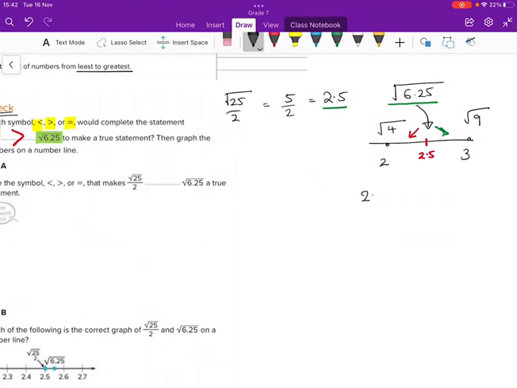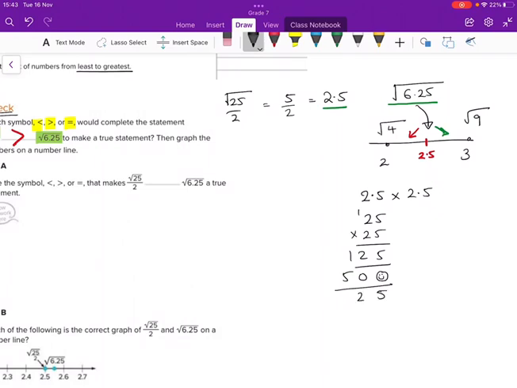I'm going to choose 2.5. I'm going to see what is 2.5 times 2.5. So I'm going to do 25 times 25, and I'm going to work that out. What do I get? 5 times 5 is 25, and 5 times 2 is 10, plus 2 is 12. 2 times 5 is 10. Carry 1. 2 times 2 is 4, plus 1 is 5.